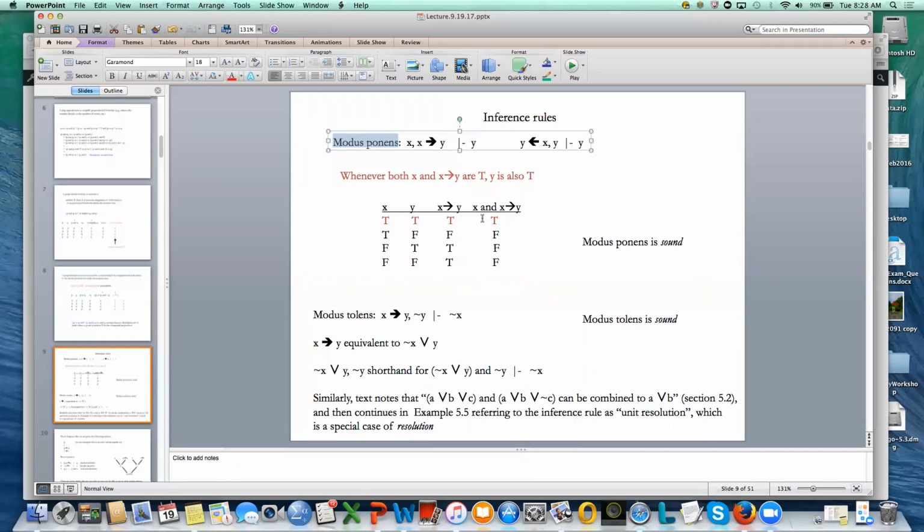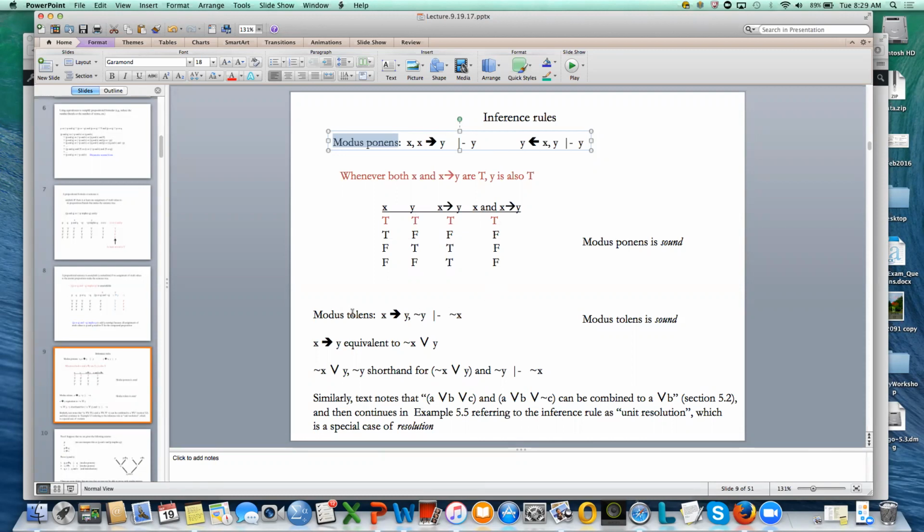And you'll note that when X is true and X implies Y is true, Y is also going to be true. And so this is one of the most common and intuitive forms of inference.